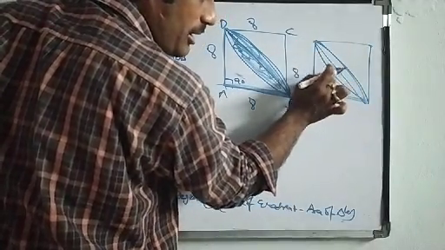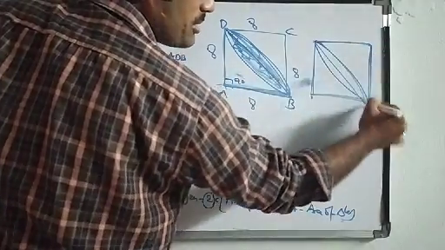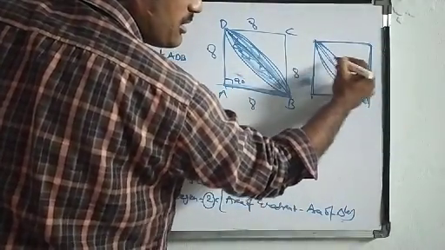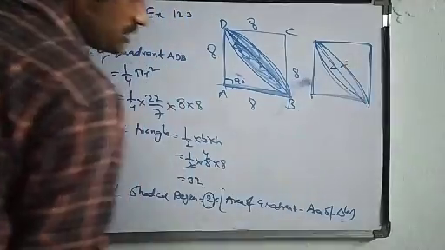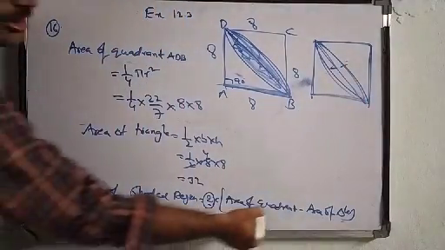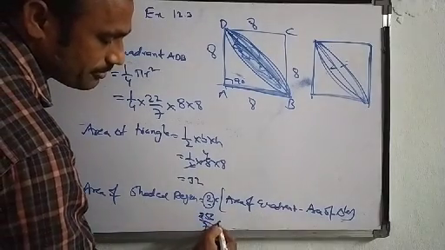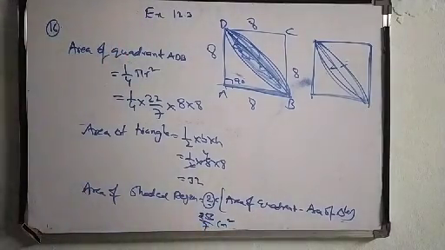Means this half part is left. So the same procedure I have to do for this side also. From this I have to remove this quadrant minus this triangle. So I am repeating the same procedure 2 times. That's why I am going to multiply here by 2. Then you will get the answer. So the answer should be 256 by 7 centimeter square.